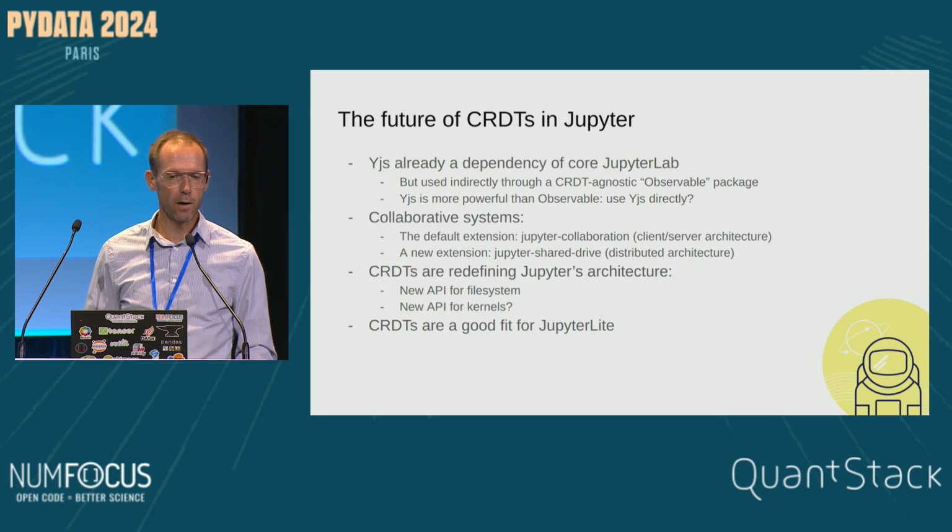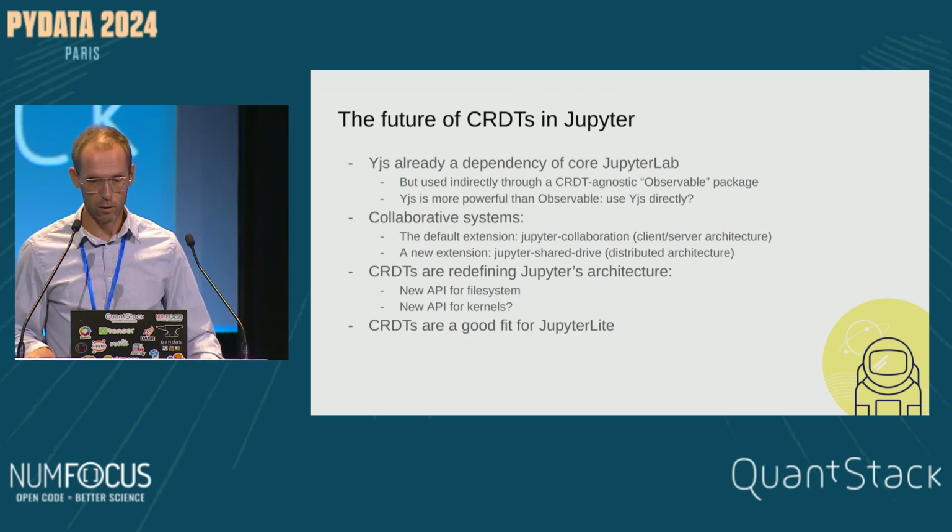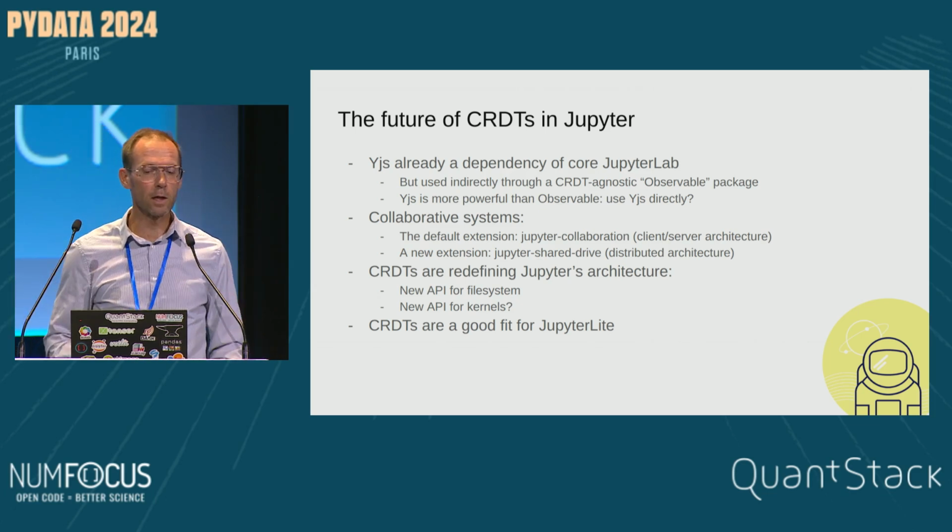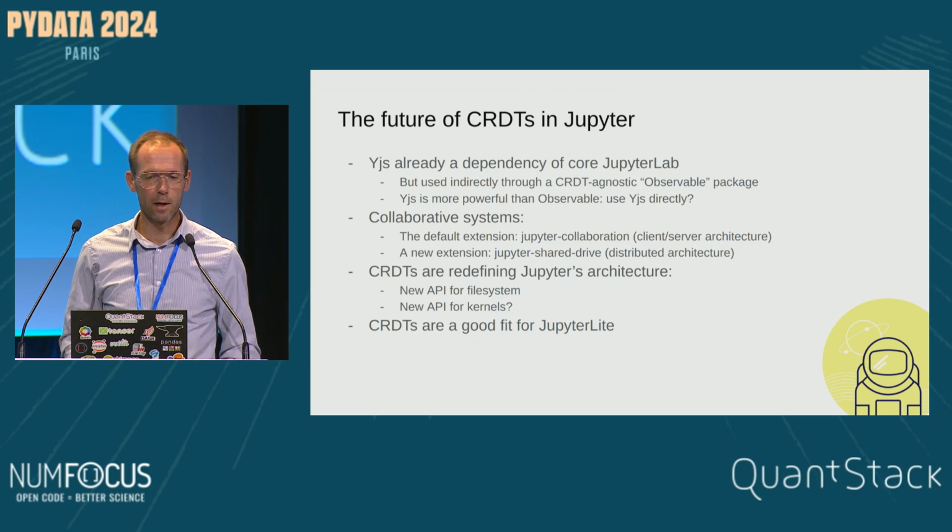For example, the file system API in JupyterLab is changing with the use of CRDTs, and we could actually do the same for the kernel API. Why not imagine a shared model for kernels? And as I said, CRDTs are a very good fit for JupyterLite because it's a distributed architecture, and you can expect to see more of that in the future. So with that, I thank you for your attention.